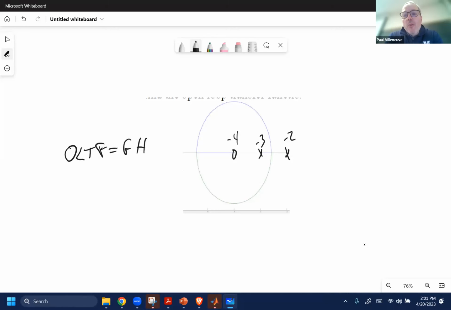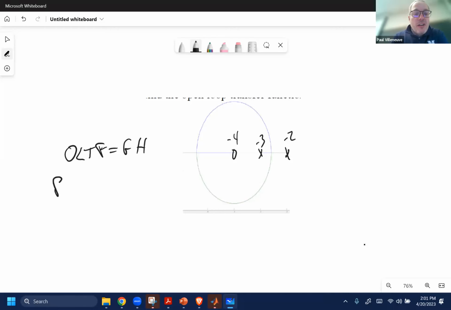And in our pole zero map here, we know that we start at a pole and end at a zero, and we start at the finite poles and end at the finite zeros of the open loop transfer function. So we start at the poles, so we know that these x's are poles.